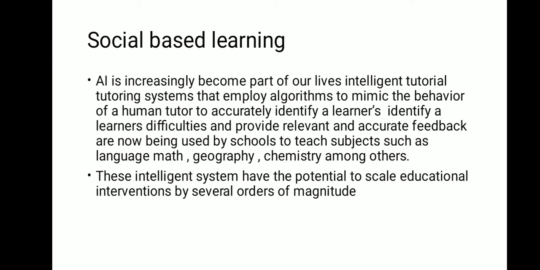These intelligent systems have the potential to scale educational instruction by several orders of magnitude. The primary challenge is to rethink the education system to go beyond merely serving as an aid that reinforces the existing paradoxical practice of the transmission model of education.